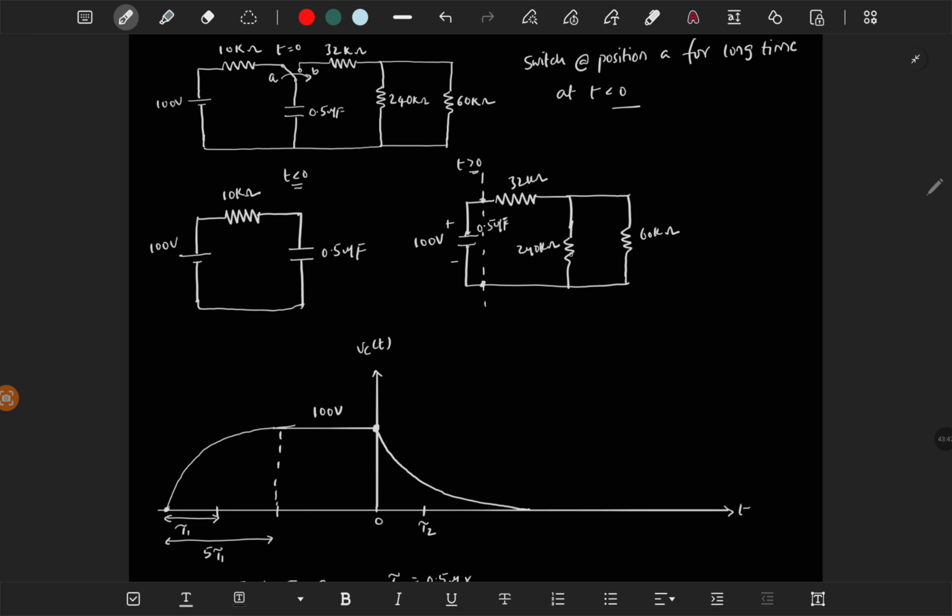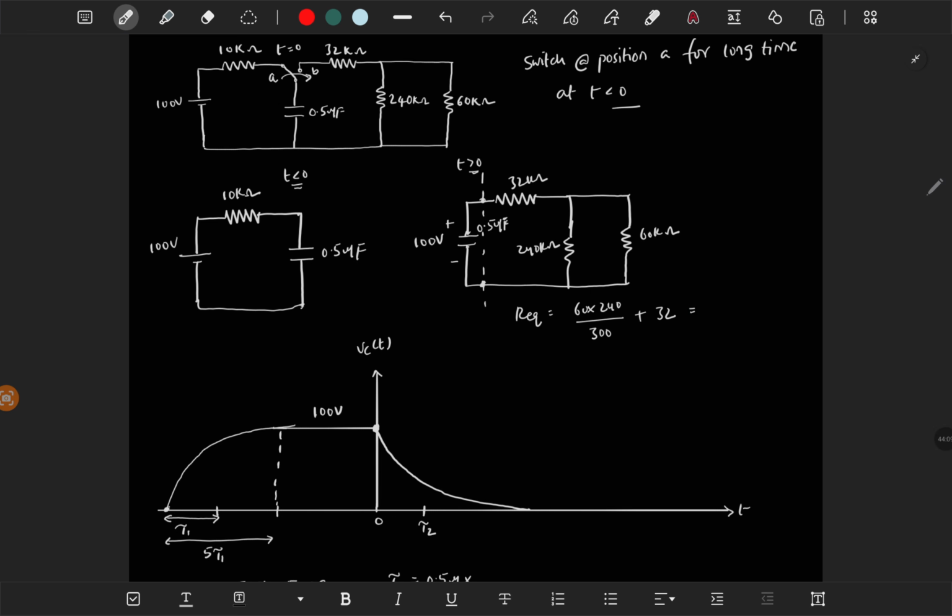So if you look from here, these two are in parallel and the effective resistance is in series with that 32k. So R equivalent is 60 times 240 by 300 plus 32.